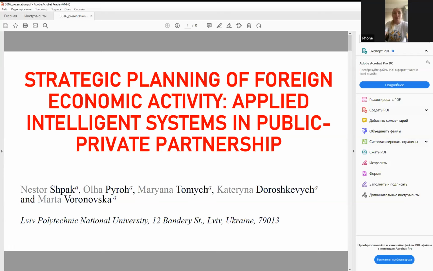We would need a lot of money to resist the danger that we have, and here is one way. Of course, we don't have enough money to do it, and we would need a lot of investment in the future. And this is one way to involve international organizations and other countries in the process of rebuilding Ukraine.